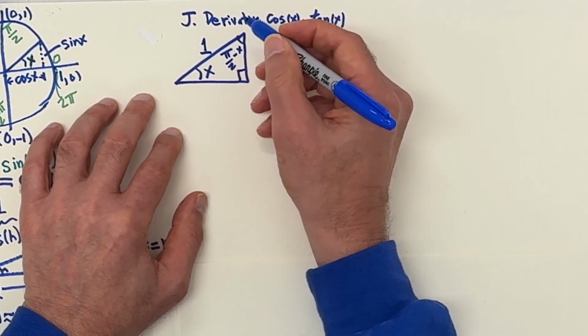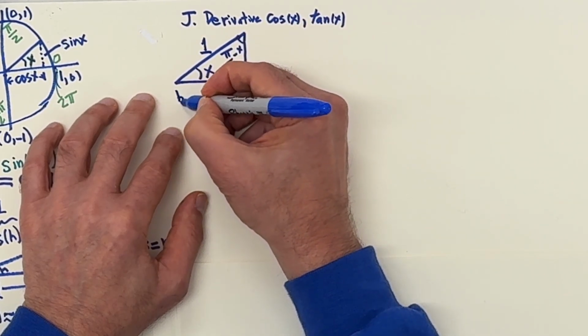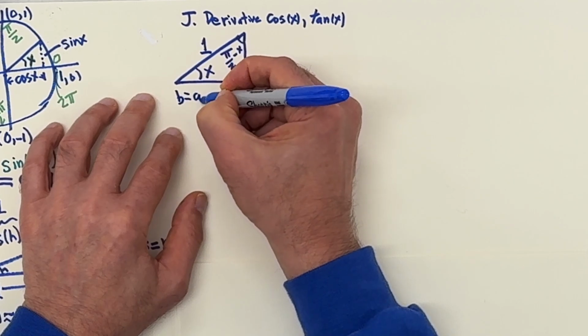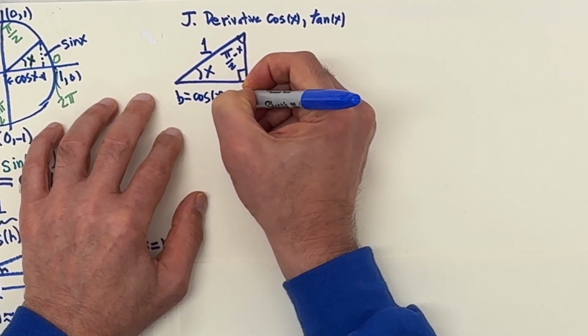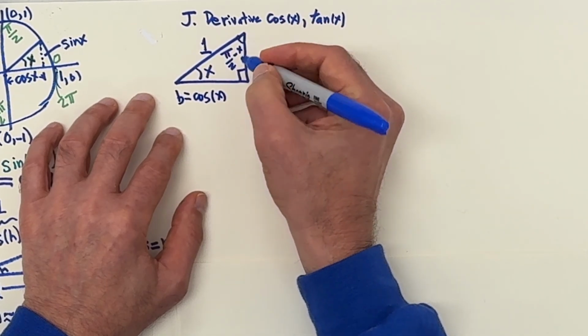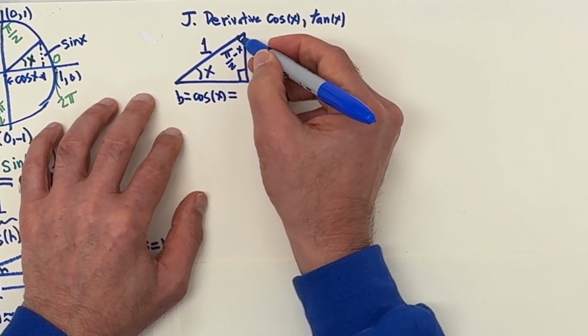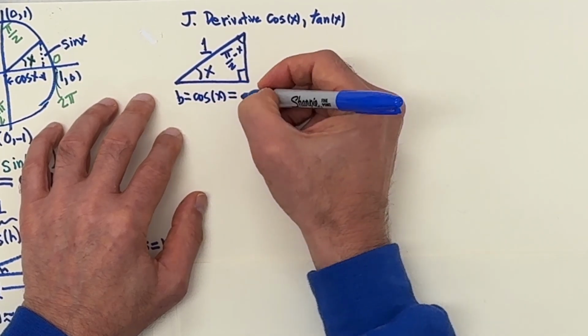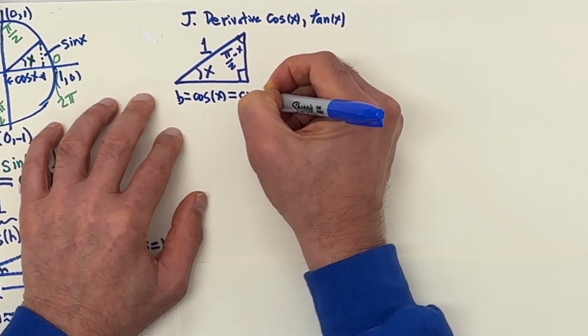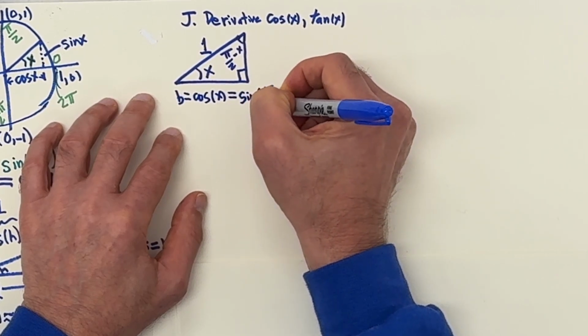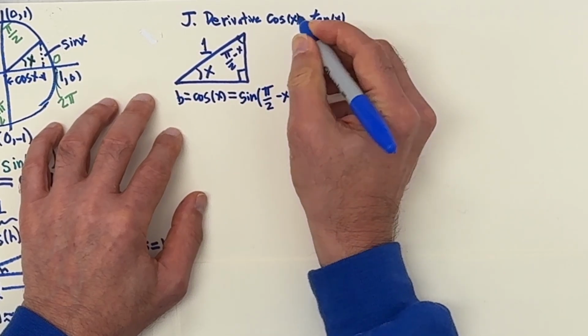Let's make this hypotenuse 1. And let's look at the base. The base here is the cosine of x, since the hypotenuse is 1. And this is also the sine of this angle, since that's the opposite side. So it's also the sine of pi over 2 minus x.